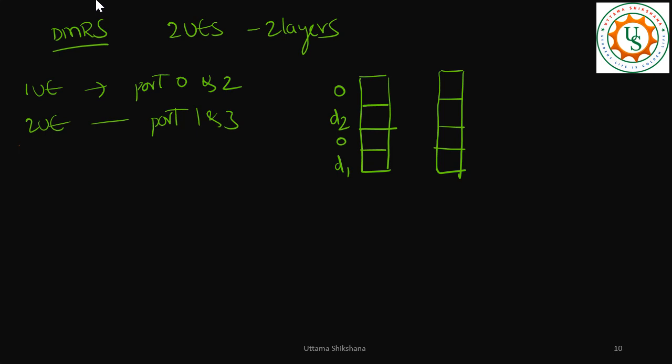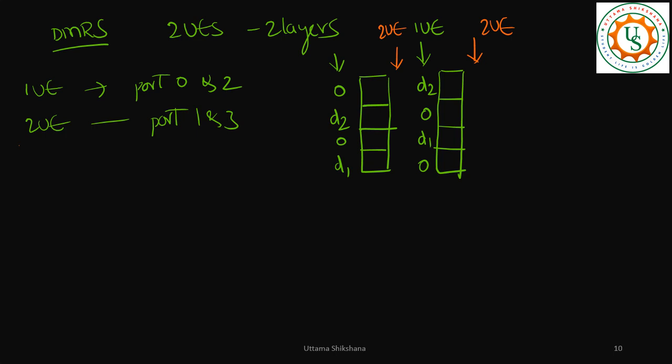Port 2 is what I have considered. For port 2, we will have one shift, so D1 and D2, and on the odd subcarriers we will not have anything. Whatever I have written to the left is for the first UE. To have clarity, I will write it in a different color.